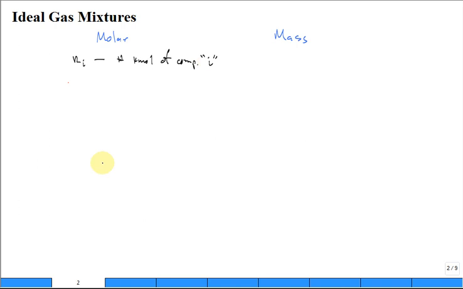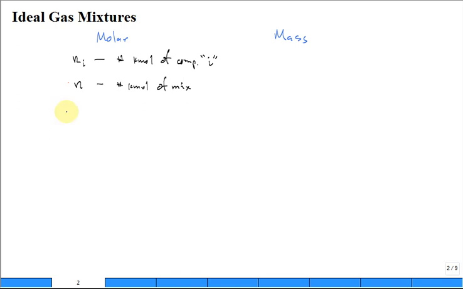And N will be the total number of kilomoles of the mixture. That's our notation, n sub i and n. Sometimes I'll say n mix, but it just makes for long subscripts. So the book just uses n without a subscript as the total number of moles in that mixture.